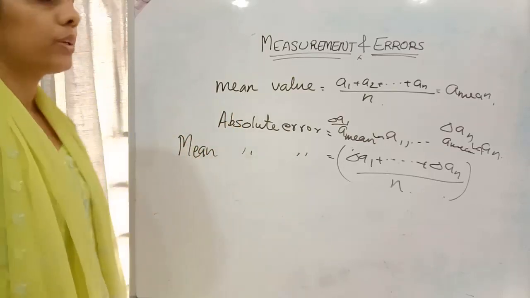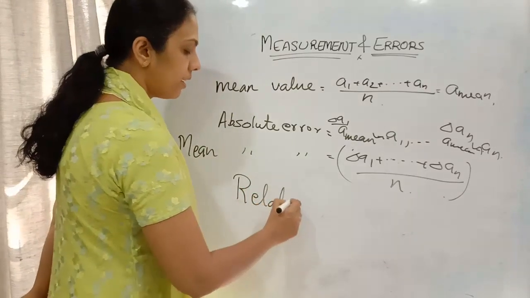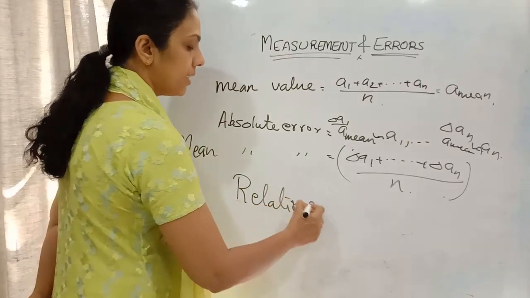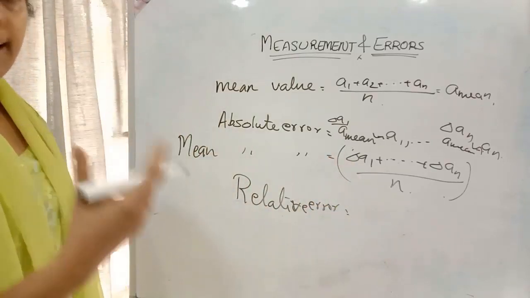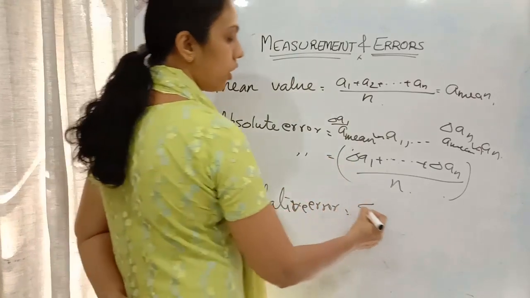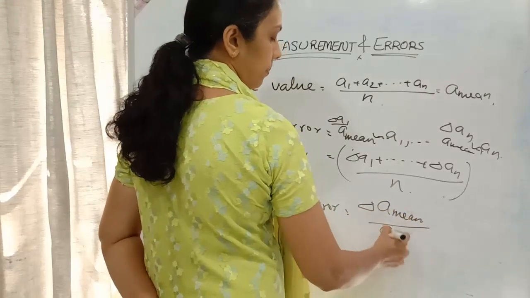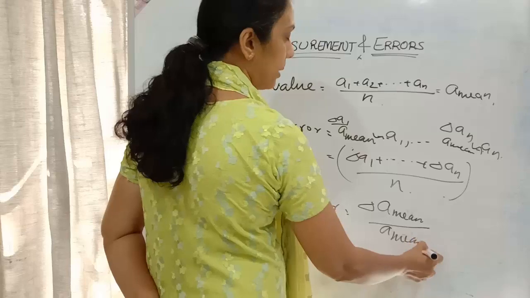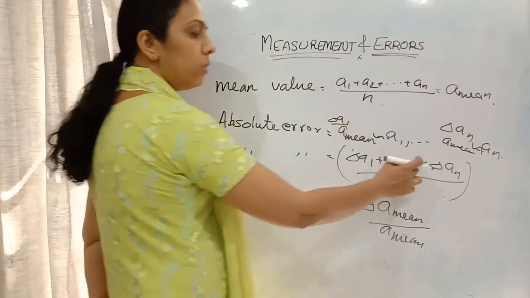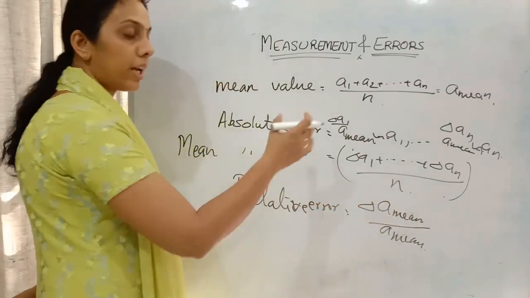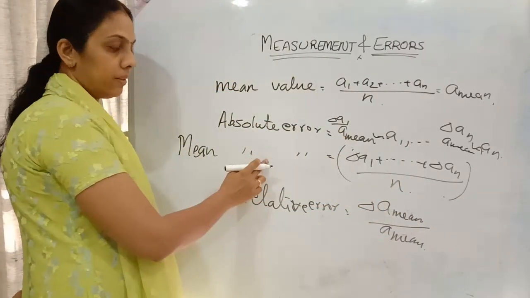Then next we are going to find out the relative error. Relative error is a ratio. It is the ratio of delta A mean divided by A mean. Delta A mean means the mean value of those differences we are finding.